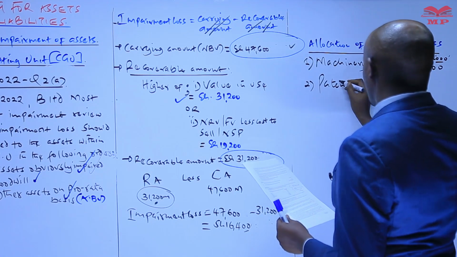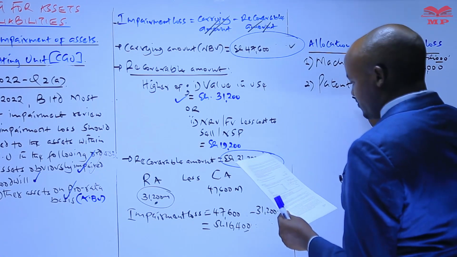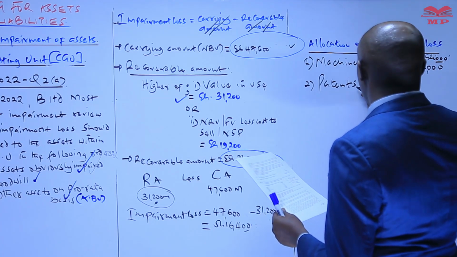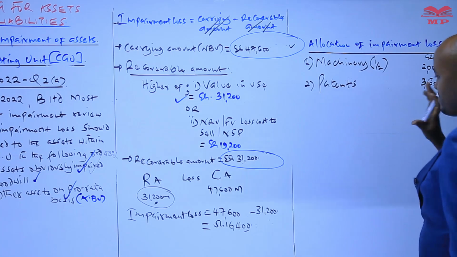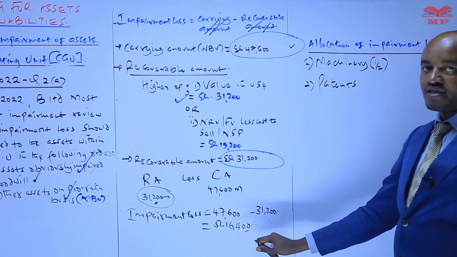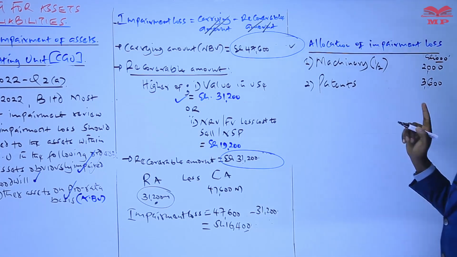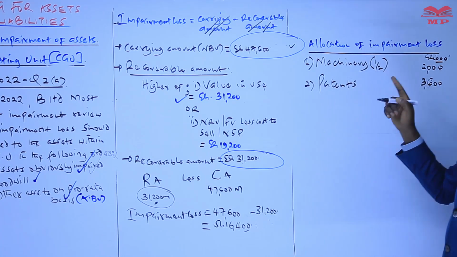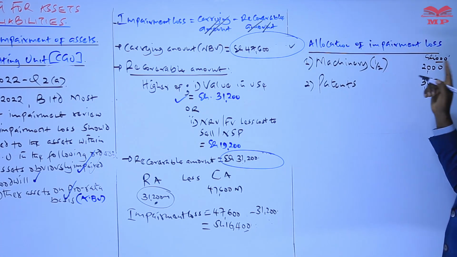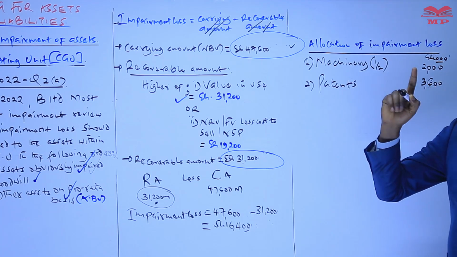So therefore, next we allocate to the other asset which is obviously impaired, and that is the patent. In this case, we are going to allocate an impairment loss of 6 million. Remember, our total impairment loss is 16.4. So in allocating this impairment loss, always you must remember how much the impairment loss is. You can see to the machines, we have allocated an impairment loss of 2 million.